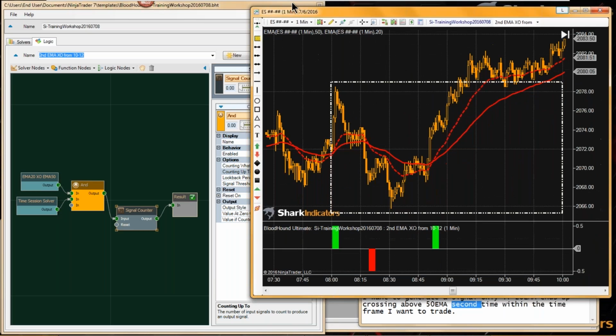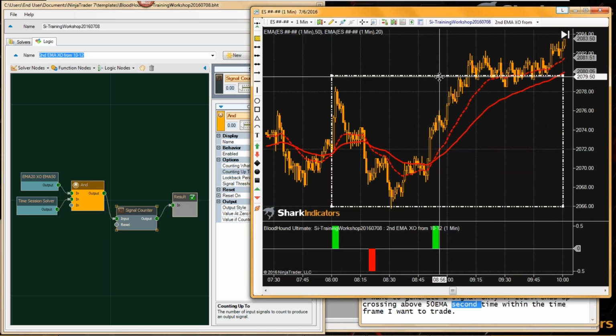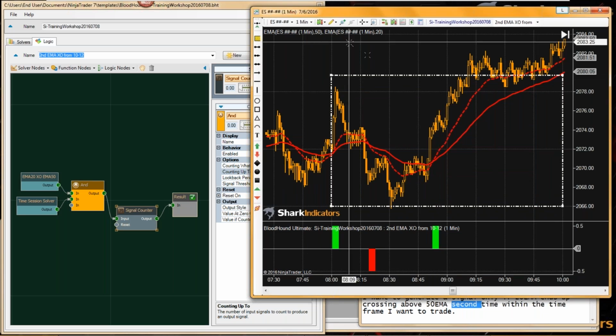So since I'm using a minute chart, I know that my look back is limited, because since I have a 2-hour window on 1-minute bars, there's only 120 bars within this time window here. So that makes it kind of easy for me if I'm using a minute chart.